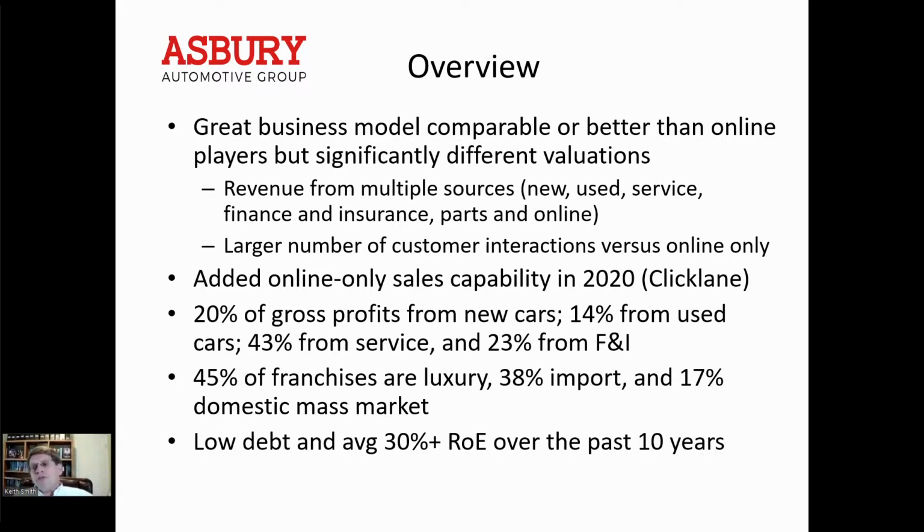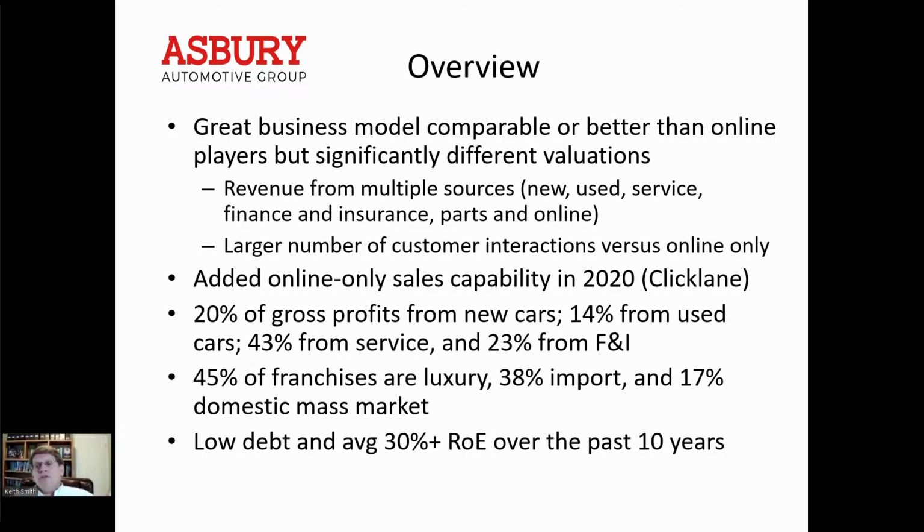As we go through, we'll see how I think the revenue growth of Asbury, while not as high as Carvana, will be able to incorporate some of the same factors that are driving the Carvana growth going forward. The one way I think the model for Asbury is better than some of the pure online guys is they get revenue from multiple sources.